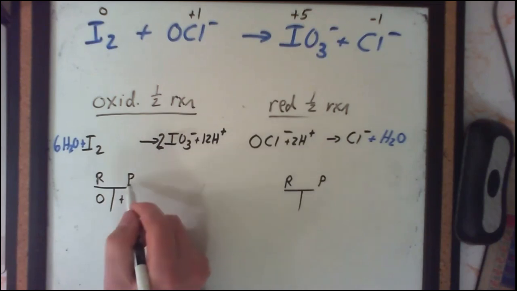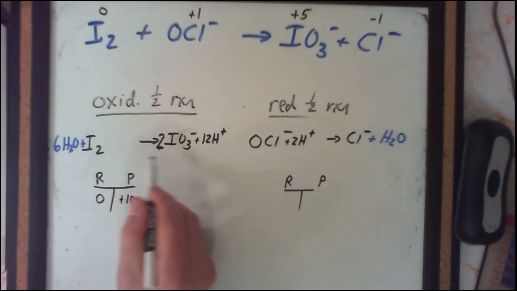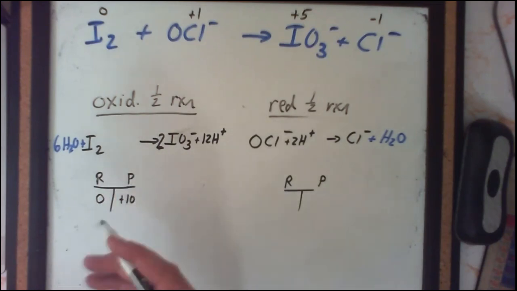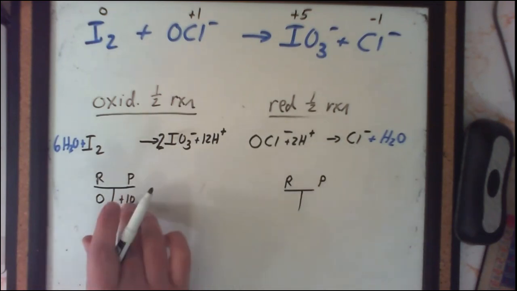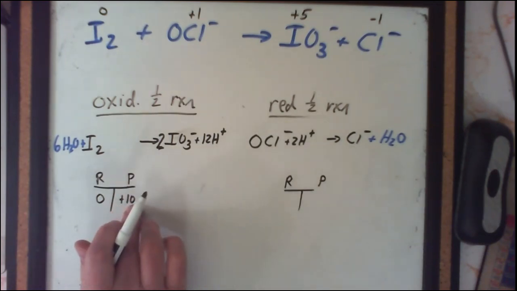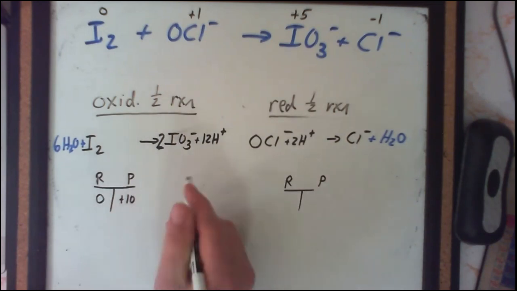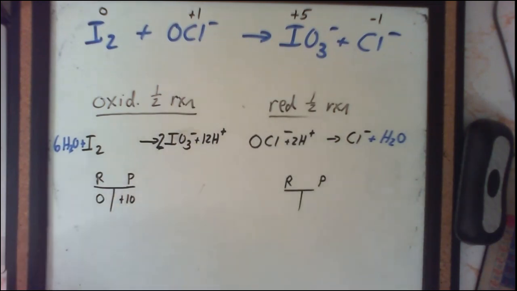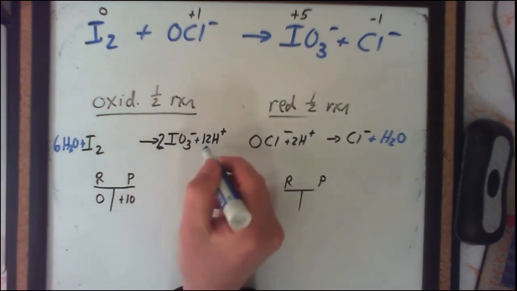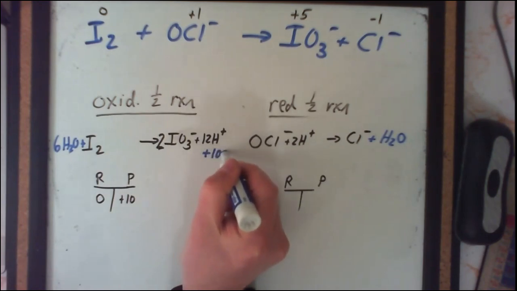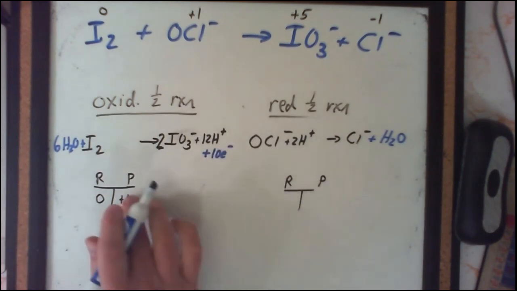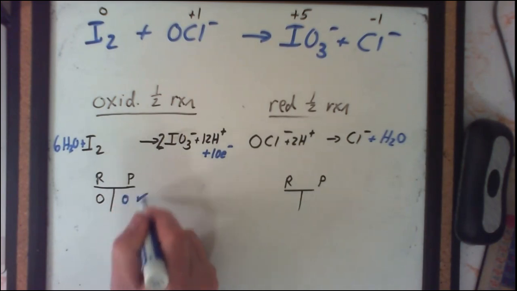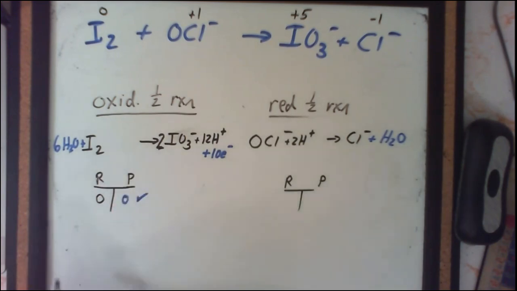So to charge balance this oxidation half reaction, all I can do is decrease the charge on one side or the other. So all I can do is decrease the +10 down to a 0. And that will require a total of 10 electrons. So I'll try to squeeze in 10 electrons here, which will give me 0 total charge on the product side, which matches the 0 charge I have on the reactant side.